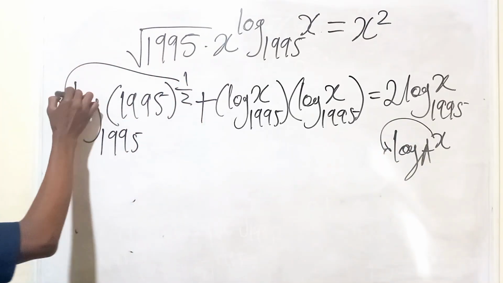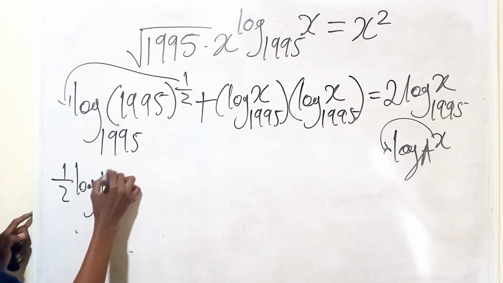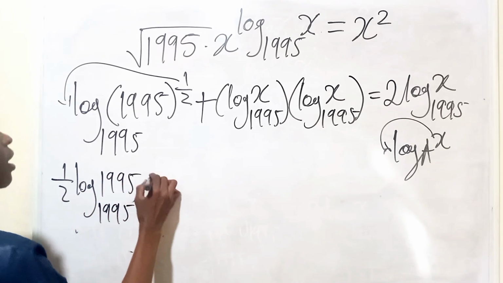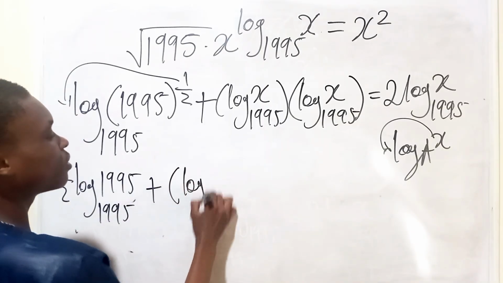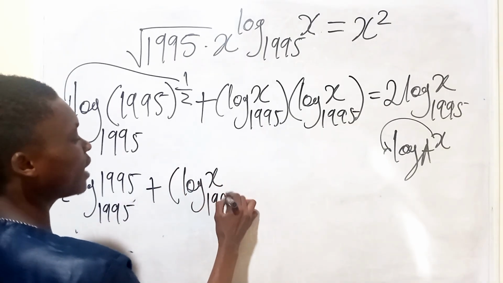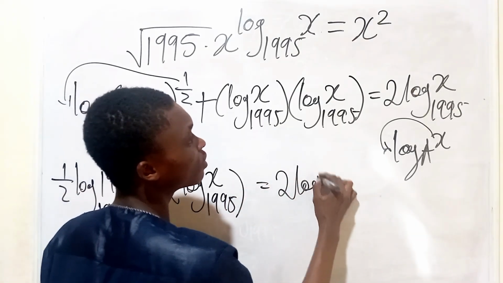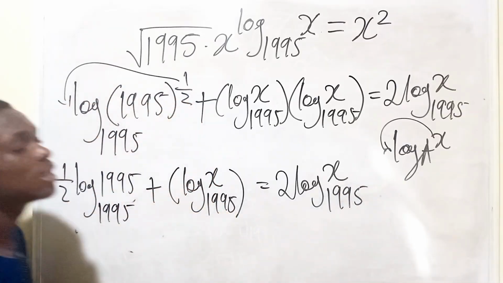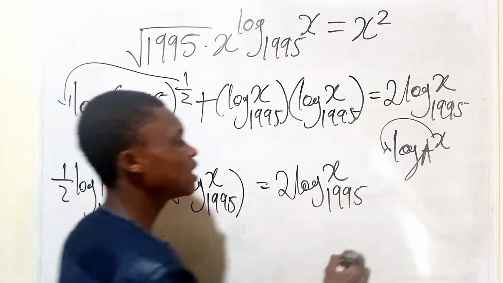So this one comes down here, and this becomes 1 over 2 log 1995 base 1995, plus, since these two multiply and are the same, log x base 1995 squared, equals 2 log x base 1995.